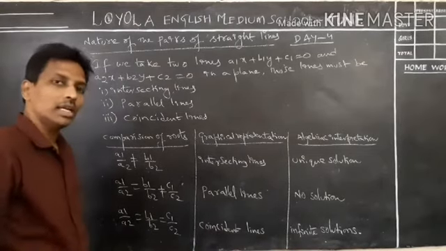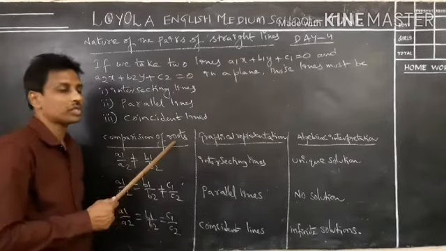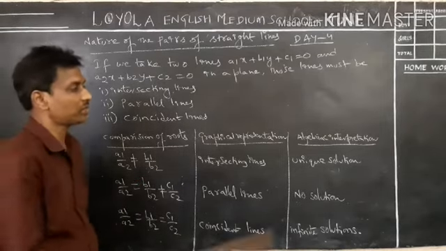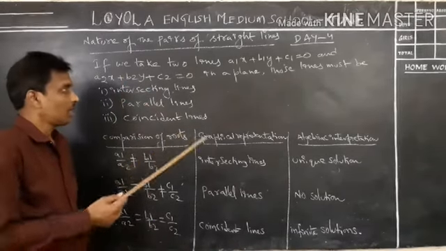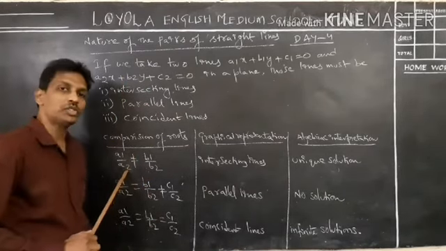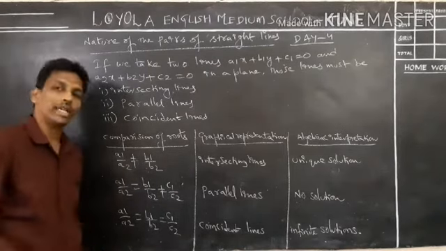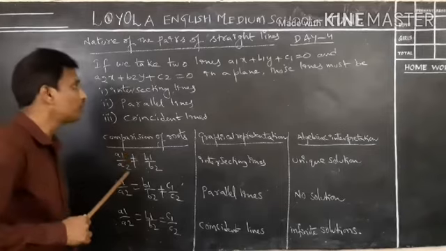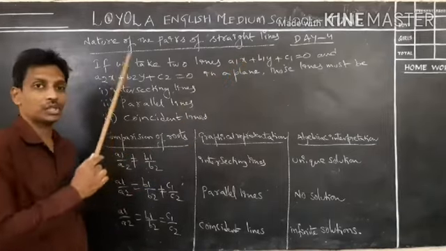Let us go through the table: comparison of roots, graphical representation, algebraic interpretation. Here we want to check the ratio of the coefficients of x and y. a1 by a2 means what? a1 is the x coefficient, a2 is the x coefficient of the second equation.